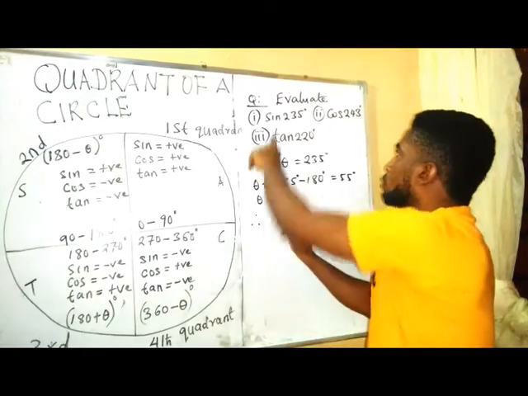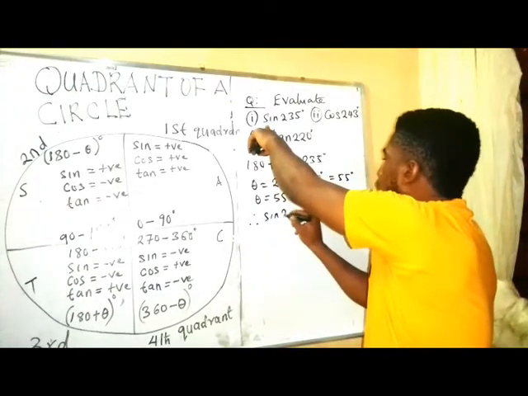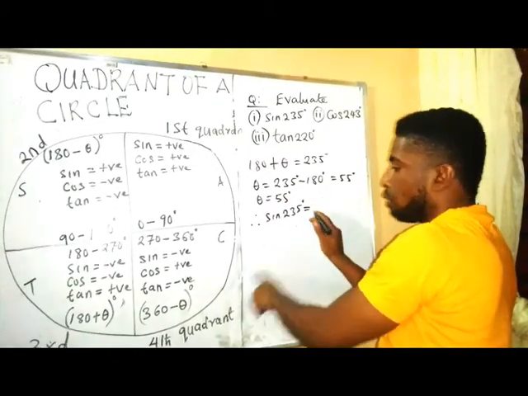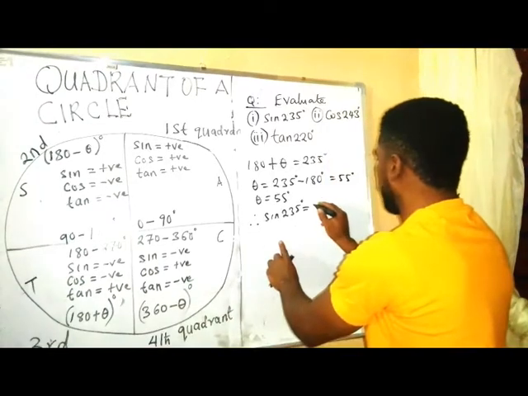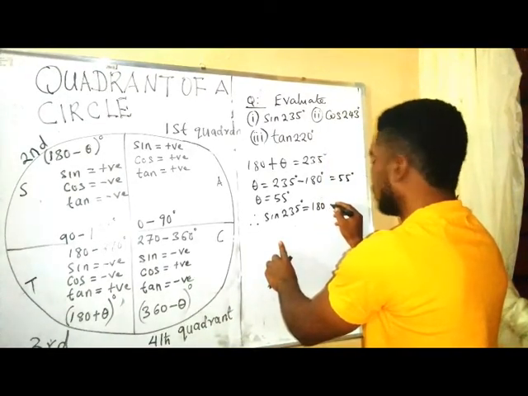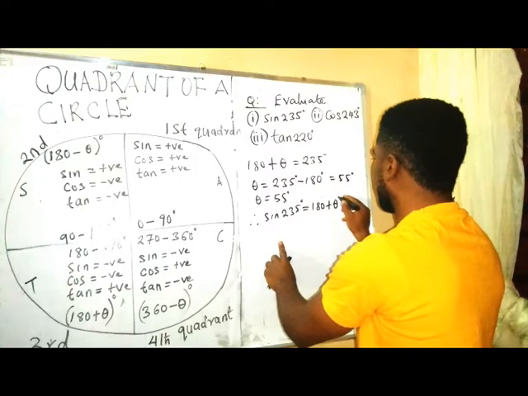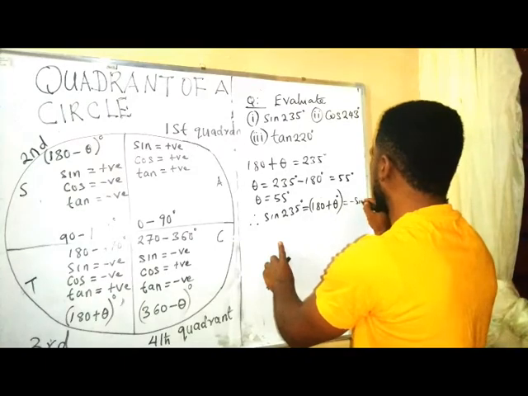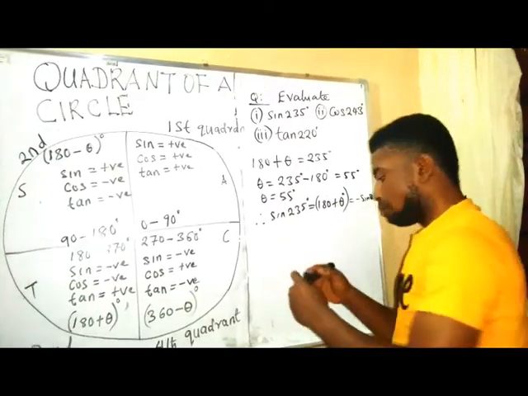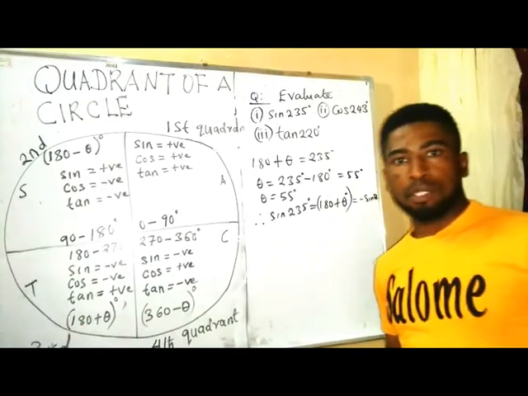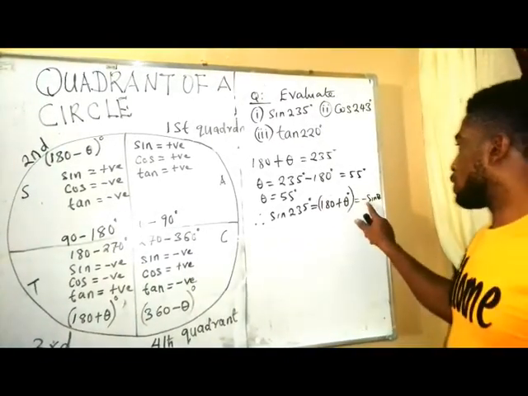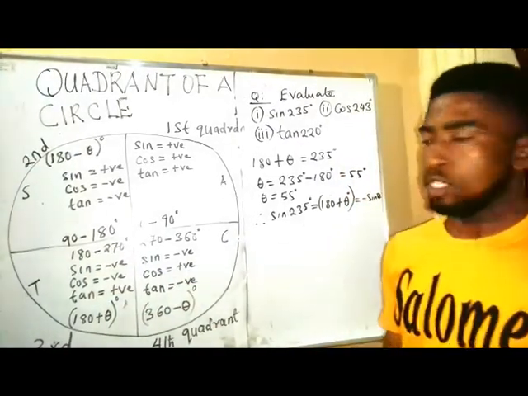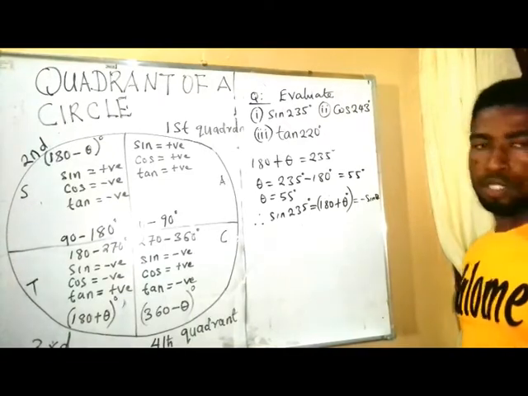Therefore, I can say that sine 235 degree will give you the same as sine of 180 plus theta degree, and this is equal to minus sine theta. Now, please, I want you to take notes. It is minus sine theta because in the third quadrant, sine is negative. That's why it is equal to minus sine theta.